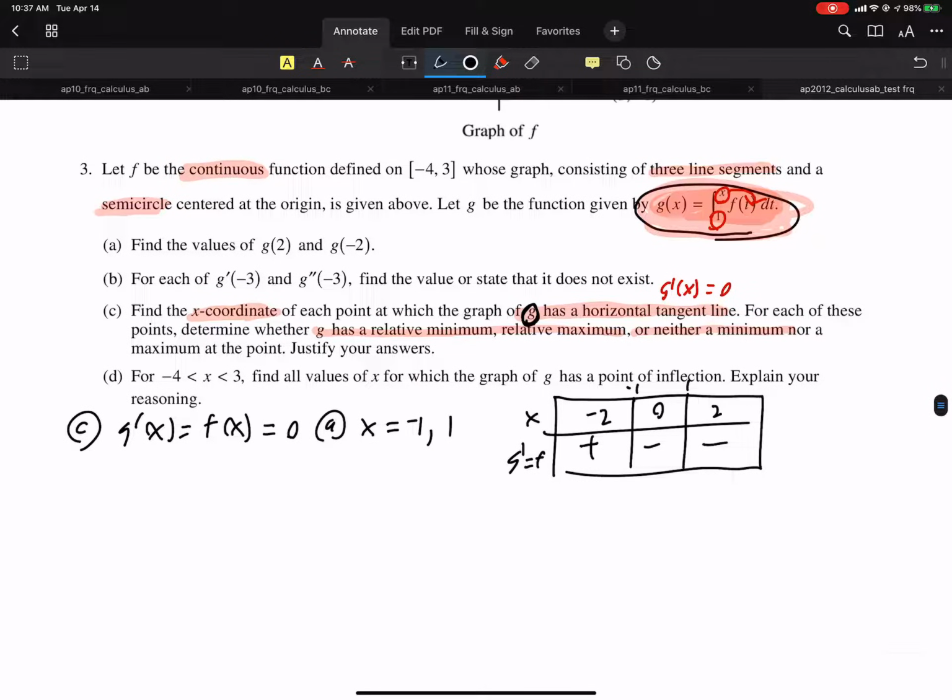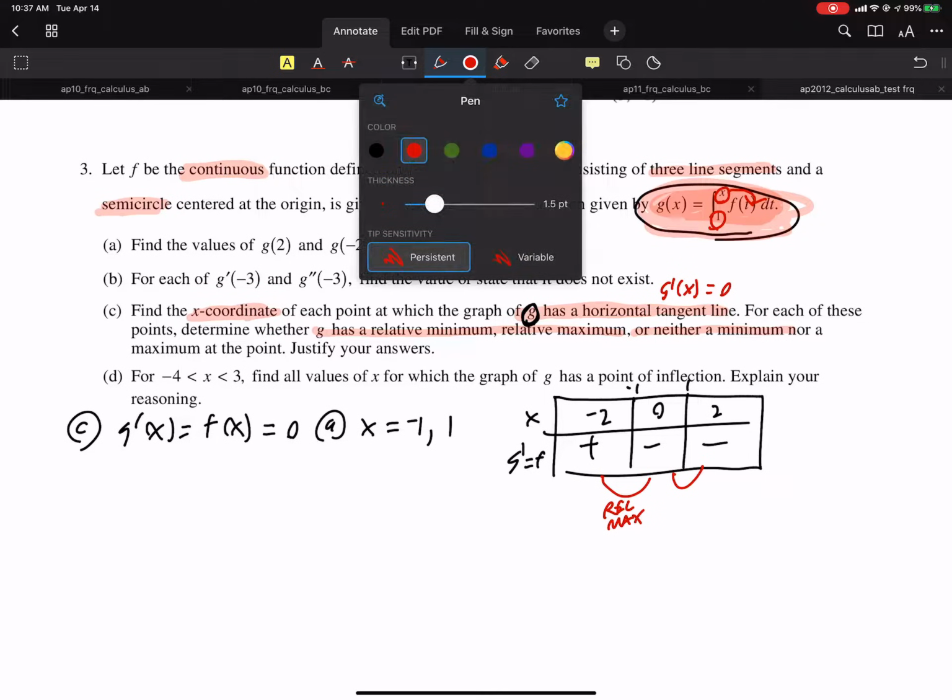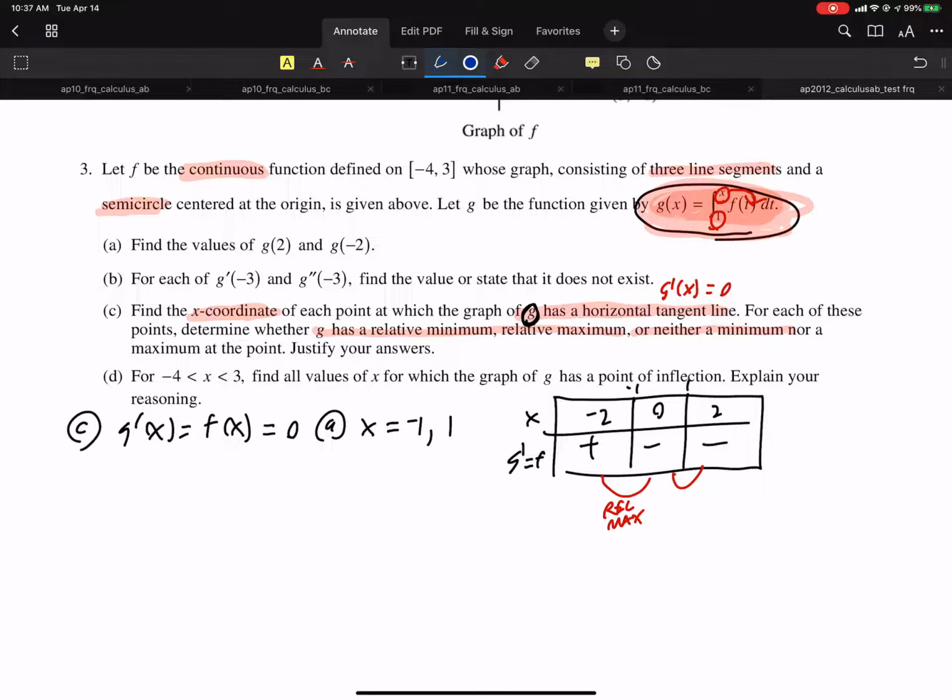So let's get our conclusions here. When f changes from positive to negative, that's a rel max. And here there's no sign change, so it's neither. So we need to write our conclusions out. G has a relative max at x equals negative 1, and the reason?